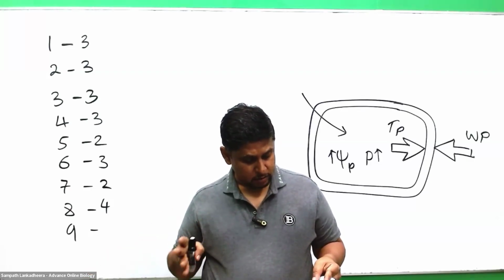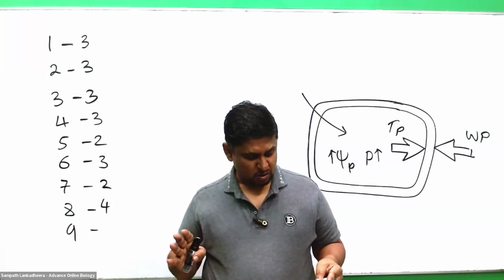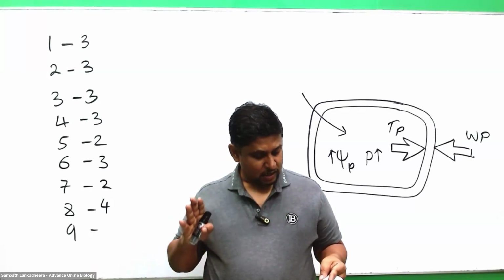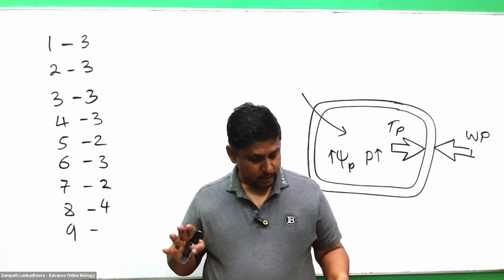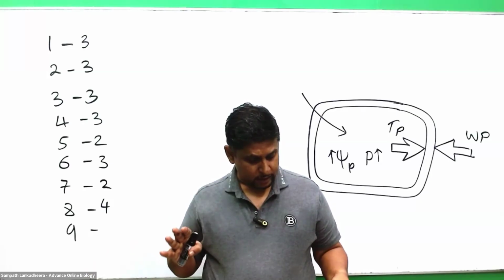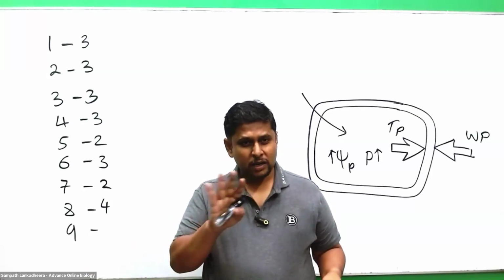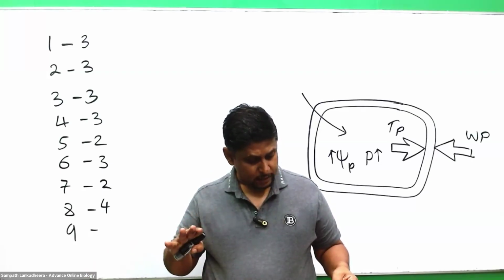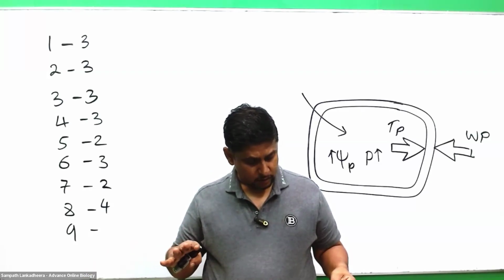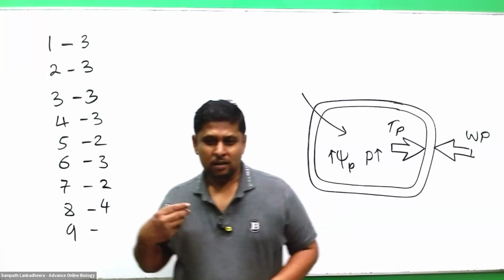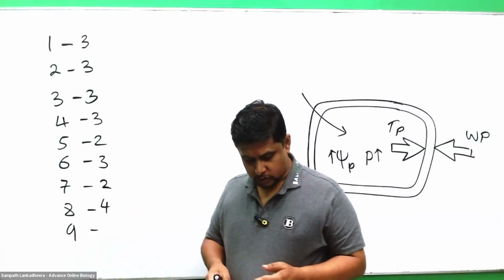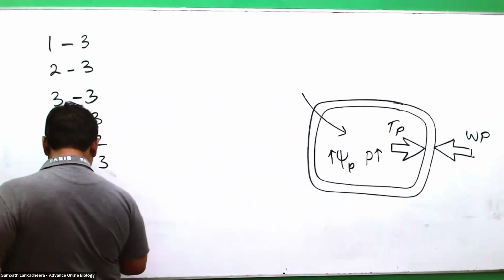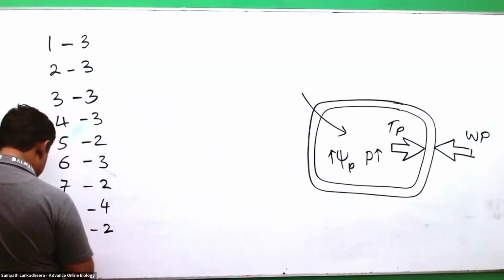Pressure potential remains constant in plant cells. No, wrong. Always negative, decreasing water potential of the cell and influenced by external atmospheric conditions. Always negative, no, we don't agree with that. Pressure potential is determined solely by the osmotic potential of the cell and does not affect water potential. No, wrong. It affects the water potential of the cell. So we can go with the second as the answer.